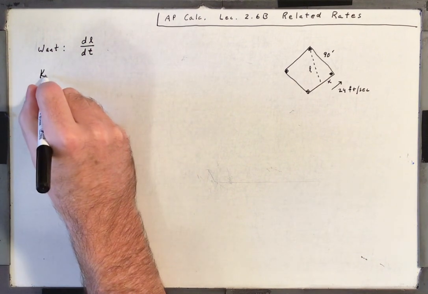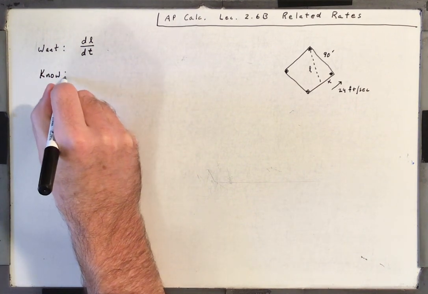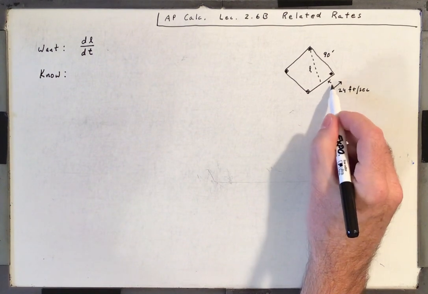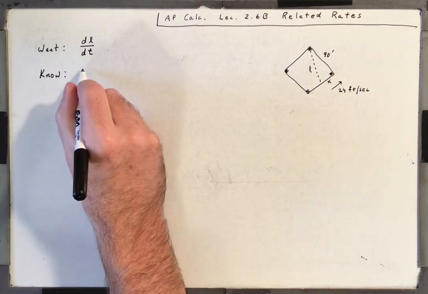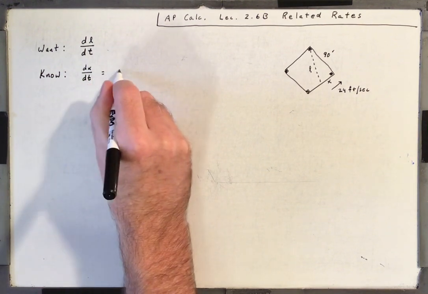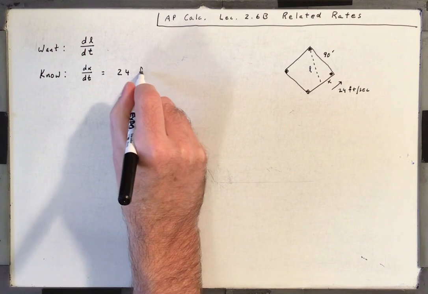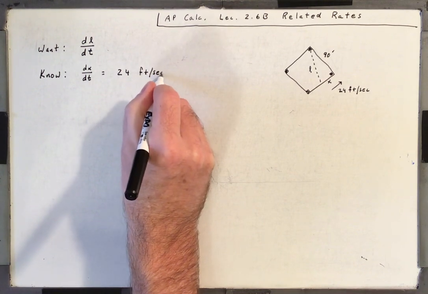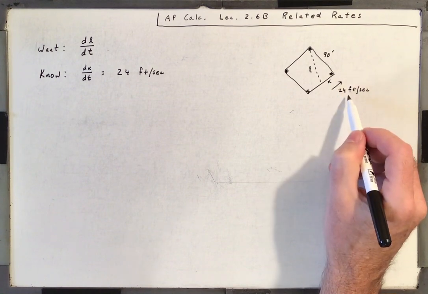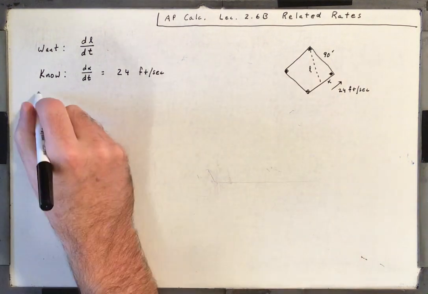We know the rate of change of x. So dx/dt is equal to 24 feet per second. So that distance between home plate and first base is changing at a rate of 24 feet per second.